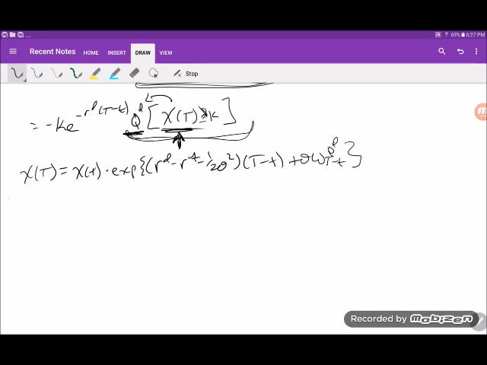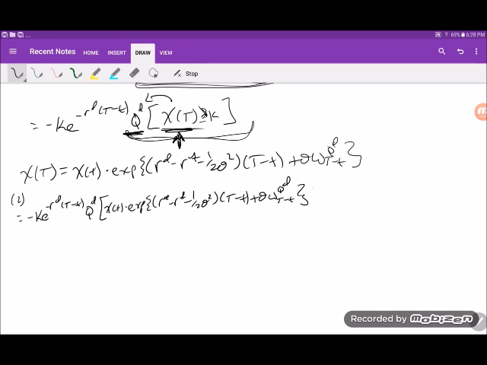So we would have that 2 is equal to negative K e^(-r_d (T minus t)) times the Q_d probability that this is again greater than our strike price.